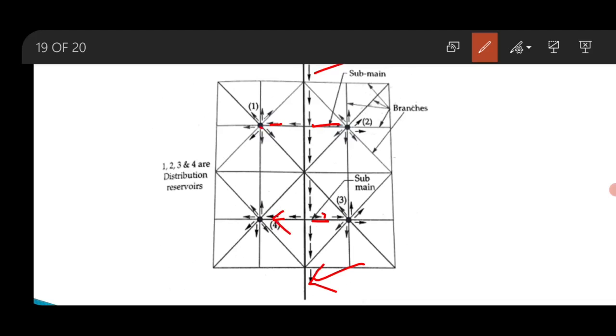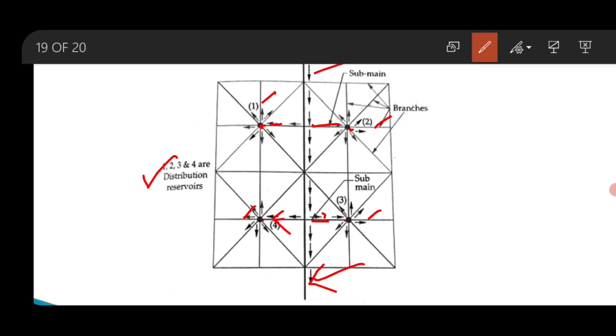These marked 1, 2, 3 and 4 are distribution reservoirs. So there are 4 distribution reservoirs.